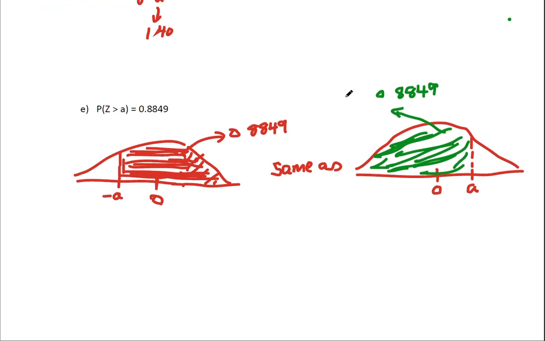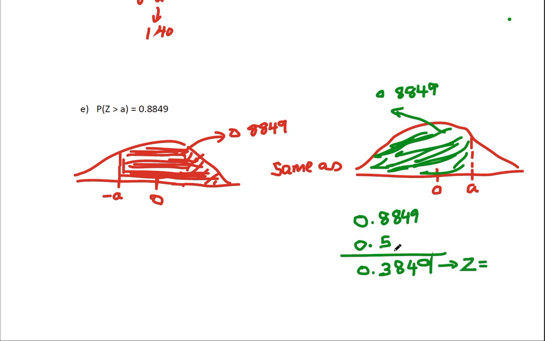And we have previously looked at how to find areas to the left of a positive value using the half table. So what we're going to do now is take 0.8849, which we would not be able to find on the half table, and subtract 0.5 from it, which gives us 0.3849. Then we search for the z-score from the half table that corresponds to 0.3849.